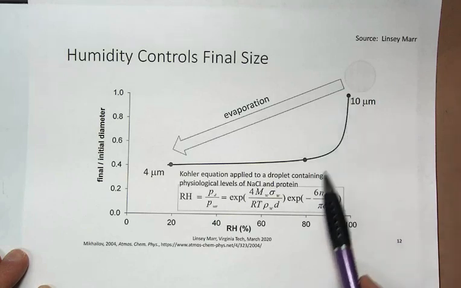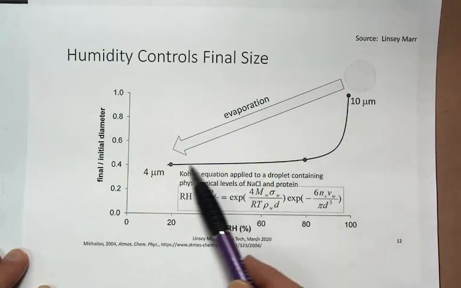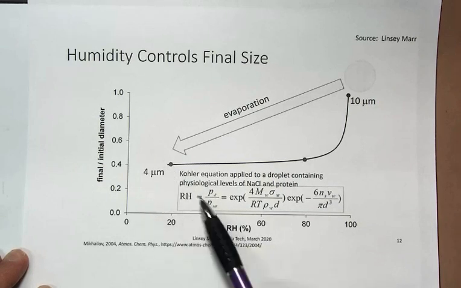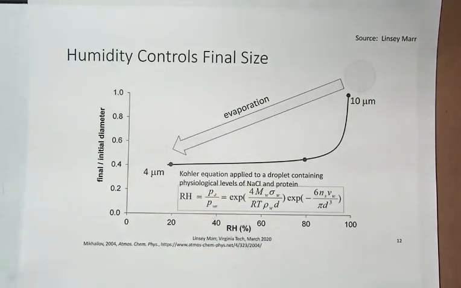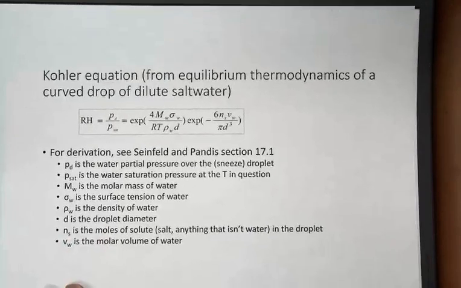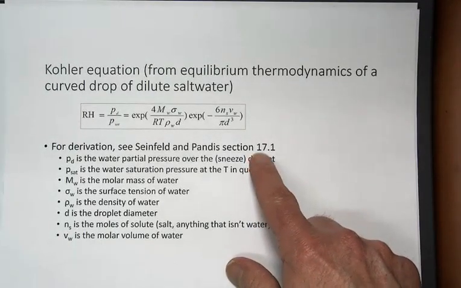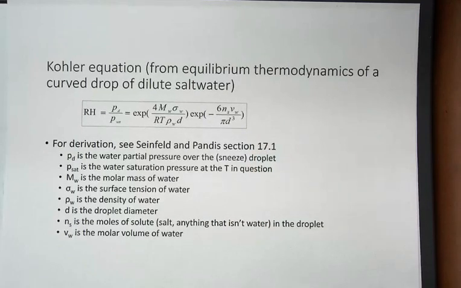And then depending on the room's relative humidity, it might shrink to 4 microns. The amount of shrinkage can be calculated by this Kohler equation. And the Kohler equation is in chapter 17 of Seinfeld and Pandis. I bring it up because it's very relevant with this coronavirus situation.